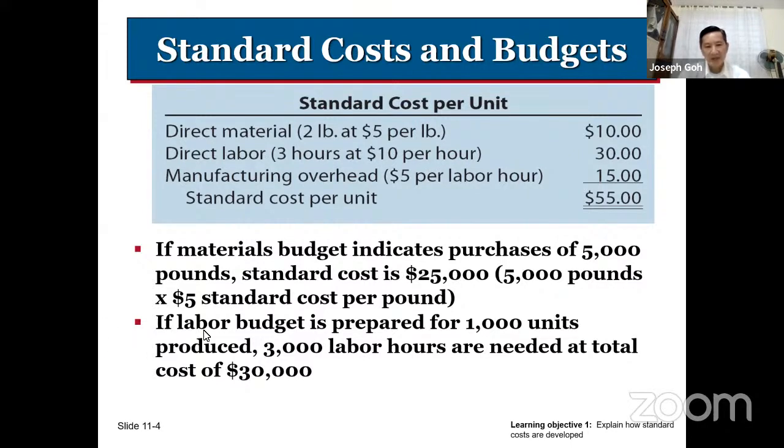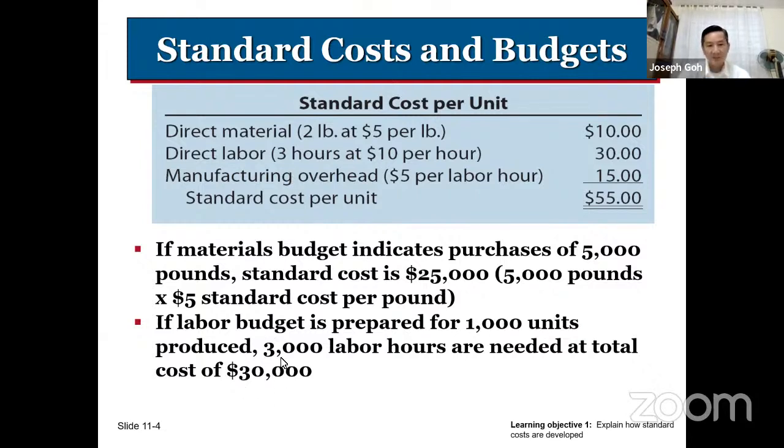If the labor budget is prepared for 1,000 units produced, 3,000 labor hours are included in total. That's very correct. If you produce 1,000 units, your total labor is 3 times 1,000, you get 30,000.